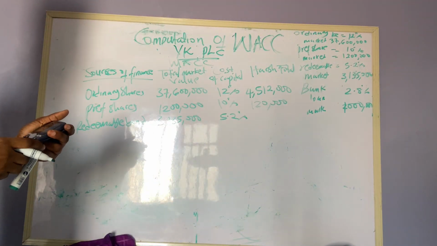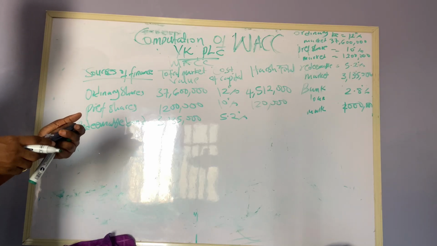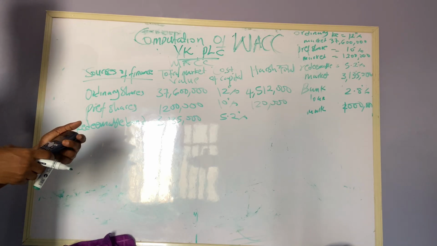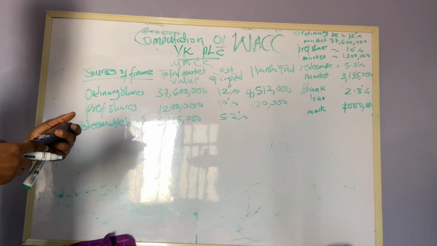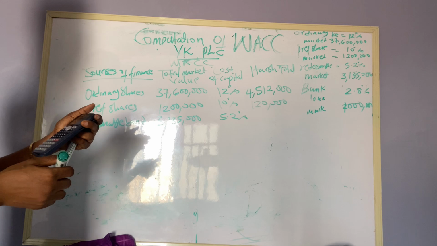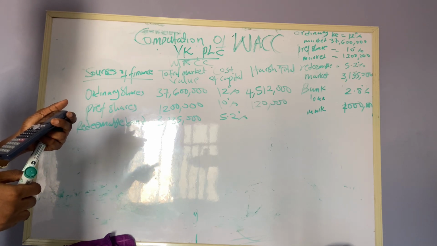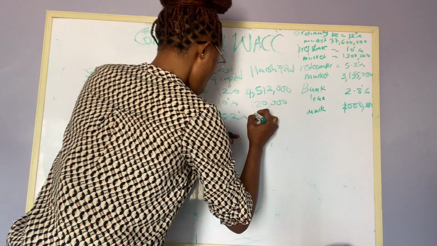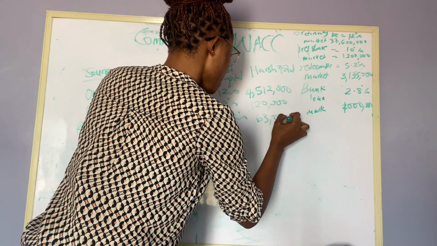So 5.2 divided by 100, then times 3,135,000. That means we have 163,020.